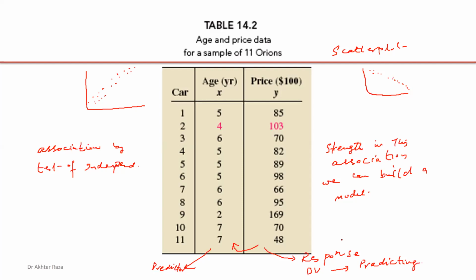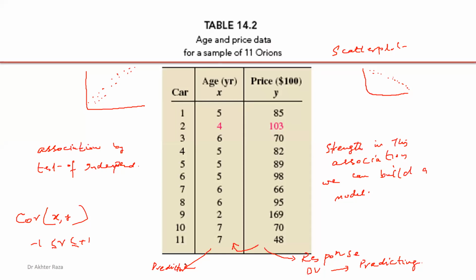And we have to find out the strength of the relationship. This is called correlation. Initially we start with the correlation between x and y by applying a function. The range of correlation is from -1 to +1. If it is strong in nature, then we can build a model which will give us better predictions.